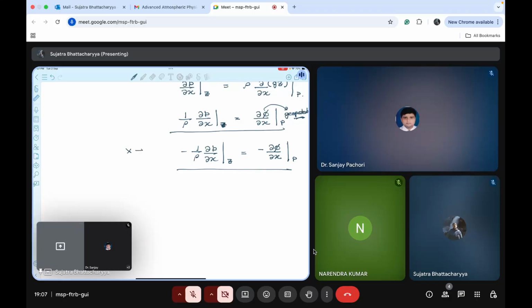Therefore, this is important. This is the x direction. Similarly, for the y direction, it will be 1 by rho delta p delta y at constant z, which will be minus delta phi by delta y at constant p.